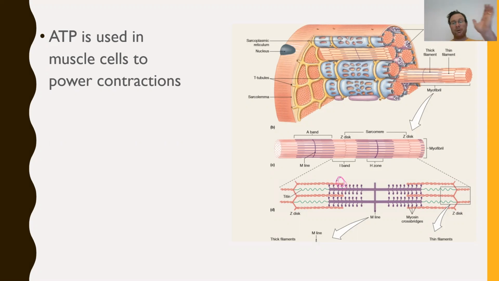Now, what happens is, if we imagine those little rowing boats, those little blue heads clip onto that little rope-like red structure and move it. They detach, they go back and move it. They detach, they go back and move it. So what you get is a drawing together of those two red ends.